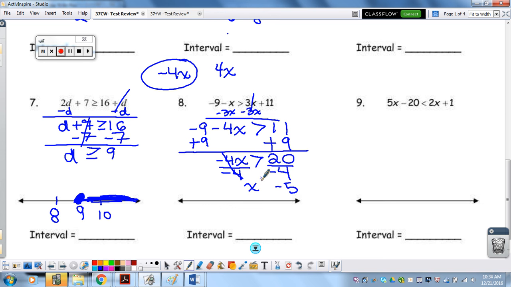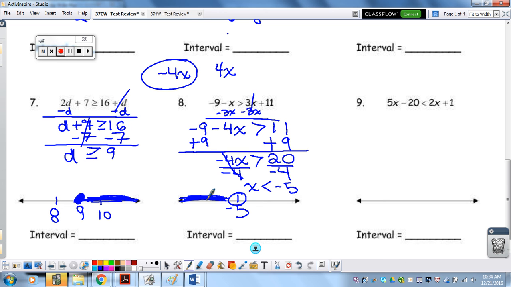So since we divided by a negative, that means you gotta flip the inequality. Don't forget about that. Okay? So I put negative 5 on here, and I don't have a line. So that means I open my circle, and now where things are smaller, you shade to the left.